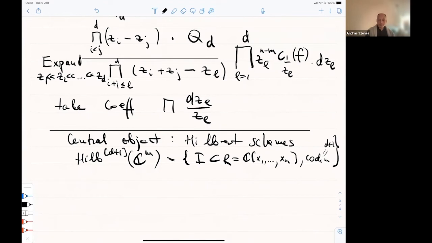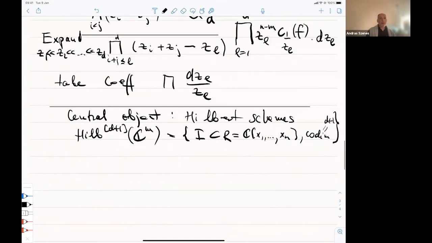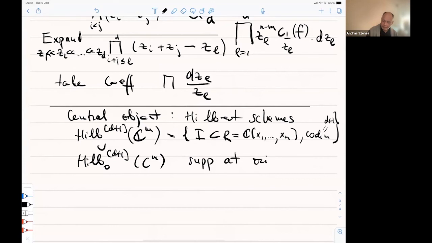And we'll need to go to a part of this. So first there is the Hilbert scheme of D+1 points in C^M. So this 0 means supported at the origin. And then there is the so-called curvilinear Hilbert scheme, and this is supported at the origin.